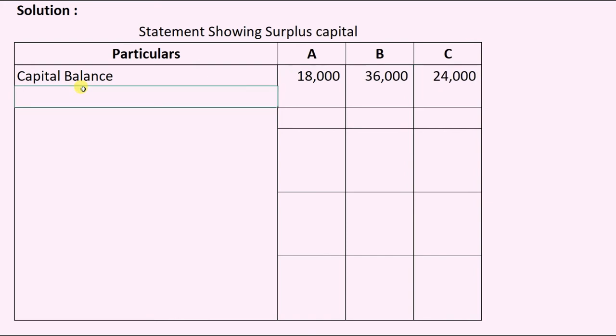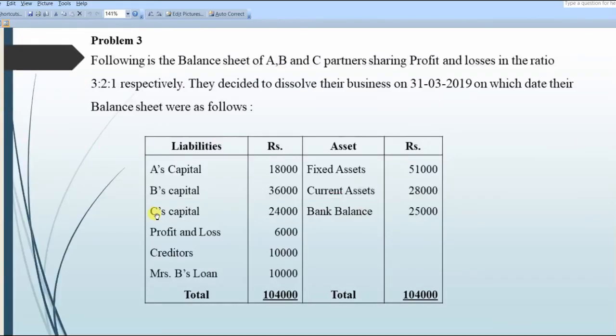After adding the capital, we have to add any profit or loss. If there is any reserve, it is also added to the capital as per their profit sharing ratio.